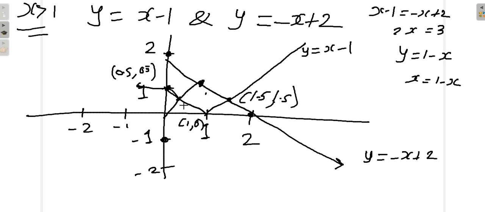This particular point. And what about this point? This point is y equal to minus x plus 2 and y equal to x. That gives you x equal to 1 and y equal to 1. So we have got a quadrilateral with these points. Now let us see if this quadrilateral is a rectangle.